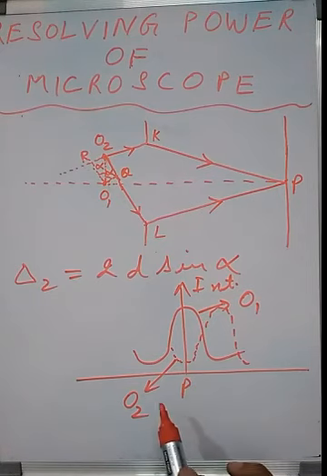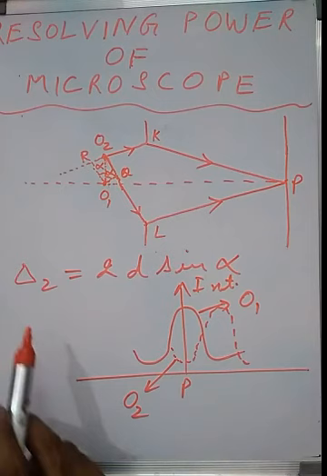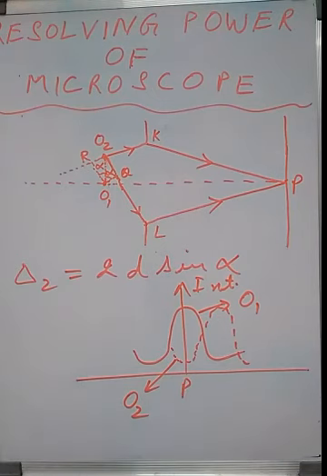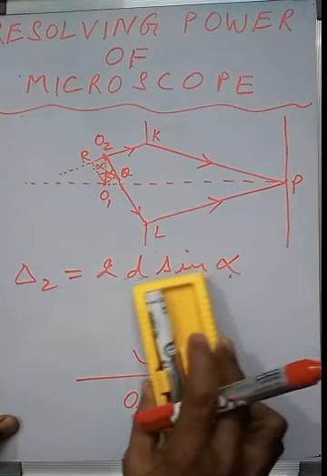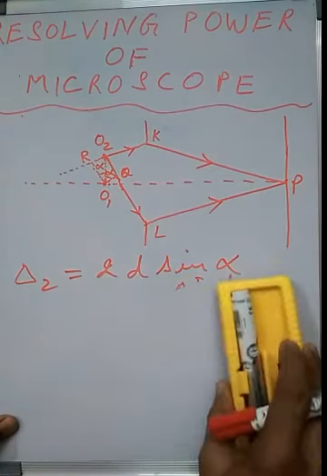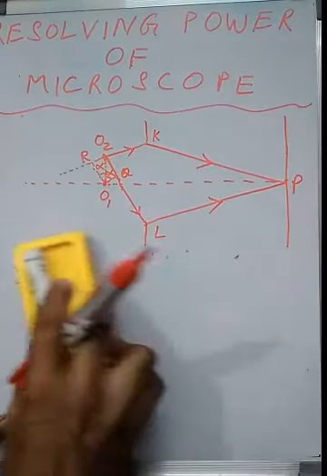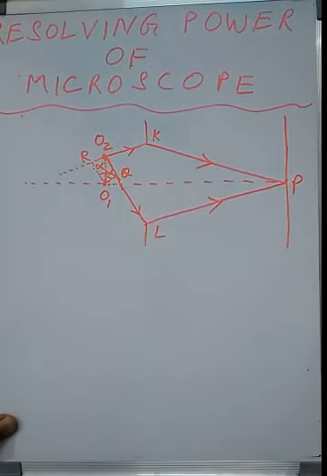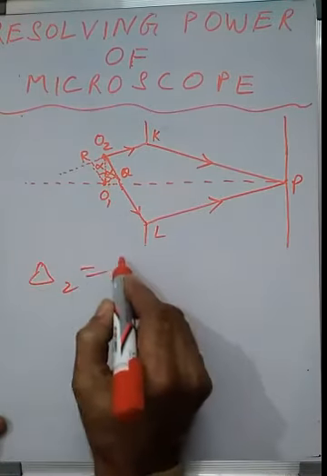So regarding this, we can say that delta 2 must satisfy the condition for first order minimum in the diffraction pattern of light coming from the second object O2. That is, delta 2 must be equal to lambda.